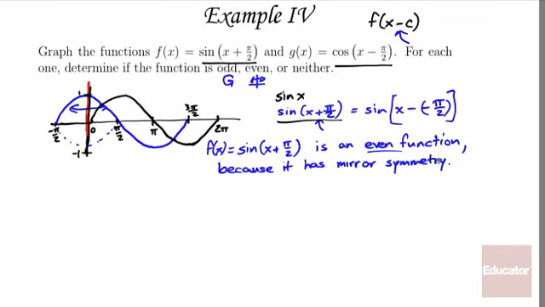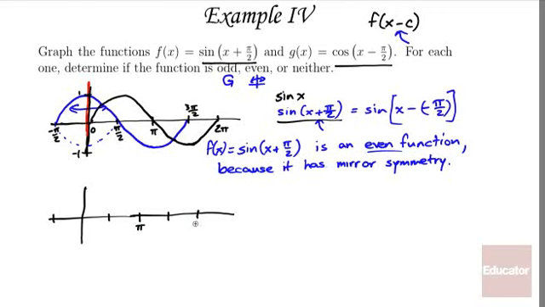Okay, let's move on to the next one. Cosine of x minus pi over 2. Again, I'm going to start with the basic cosine function that we learned how to graph in a previous example. Set up my marks here.